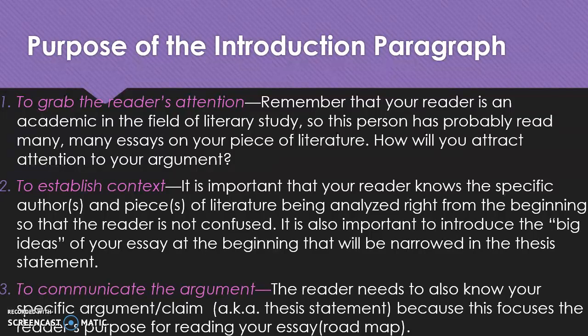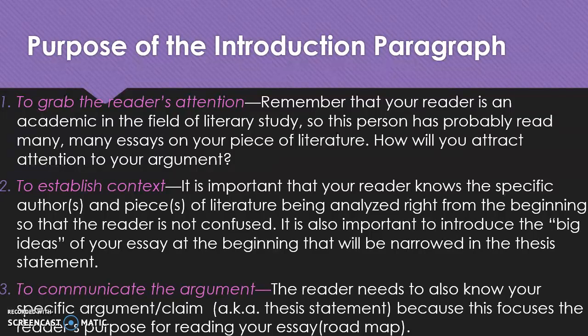Then your next sentence will be establishing the context. That can simply be where you introduce the reader to the author, the title of the text, the genre of the text, and a brief gist statement of the overall text.